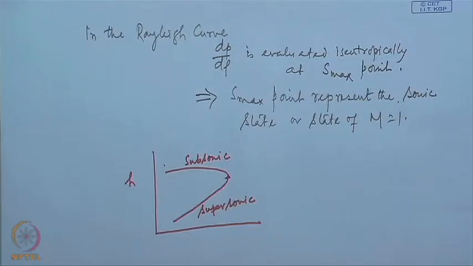Similarly, a supersonic flow when heated again tends towards the sonic state. Similarly, in case of subsonic flow, if cooling is allowed, the Mach number decreases while it increases for supersonic flow.